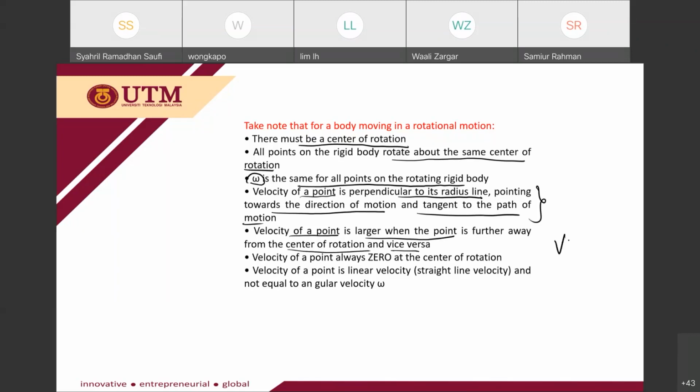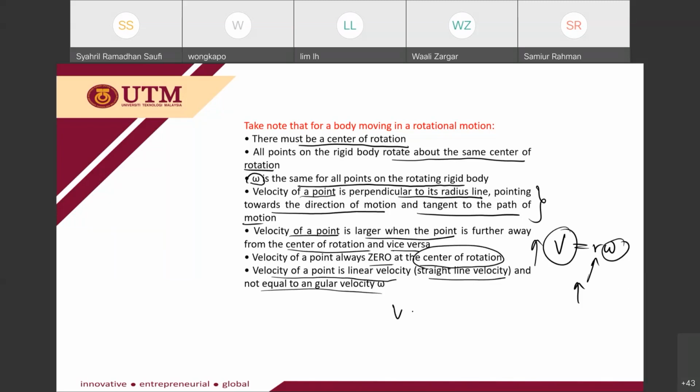Because V is equal to R omega, and omega is the same for all points, if R is higher, then your V will be higher. The velocity of a point is always zero at the center of rotation, which means the translational velocity V. The velocity of a point is linear velocity, straight line velocity, and not equal to angular velocity.